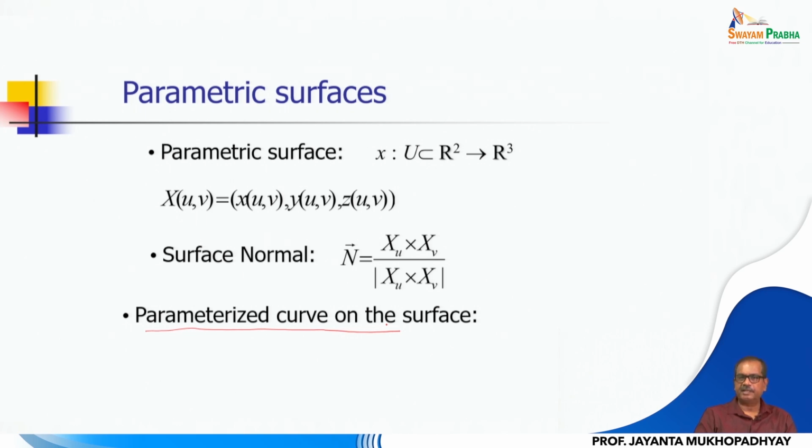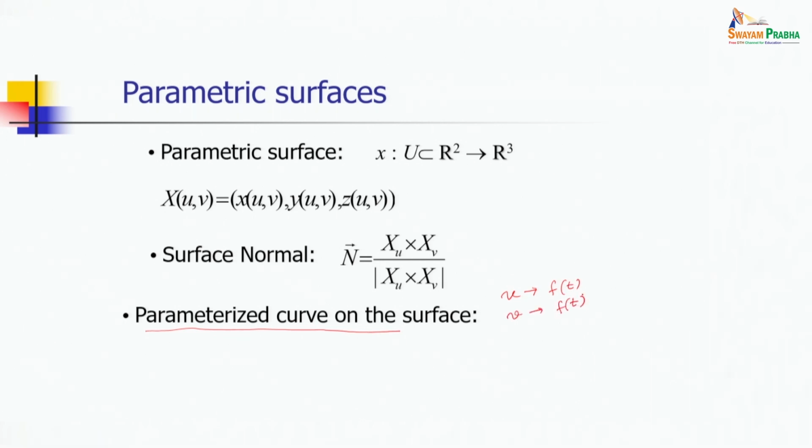So any parameterized curve on the surface could be represented very simply when I make u a function of the parameter t, and say v a function of parameter t, another function, it is not the same function, of parameter t.